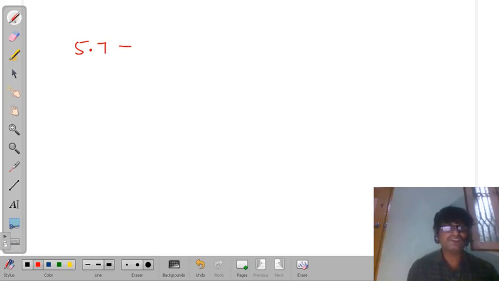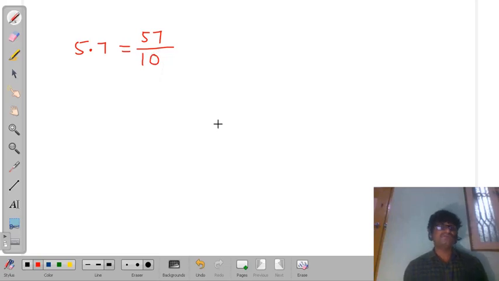Listen carefully. First you ignore the decimal point and write the number, 57, and then you write divided by 1 followed by as many zeros as digits after the decimal point. Here we have one digit after the decimal point, so you put 10. That's it. 5.7 equals 57 divided by 10.